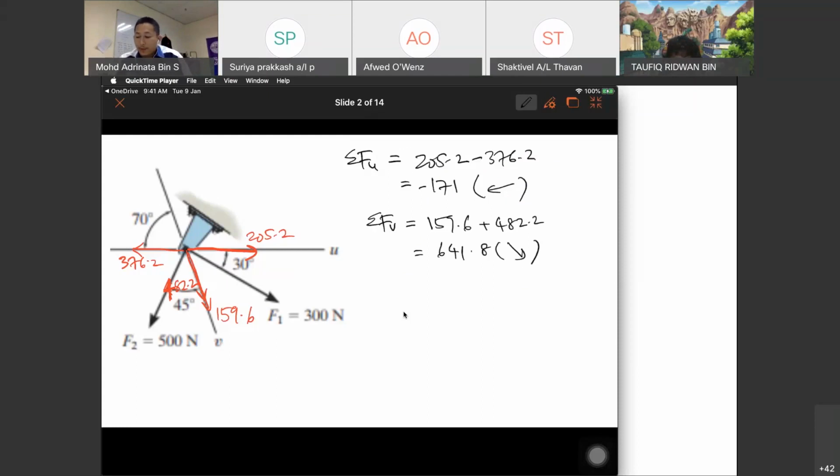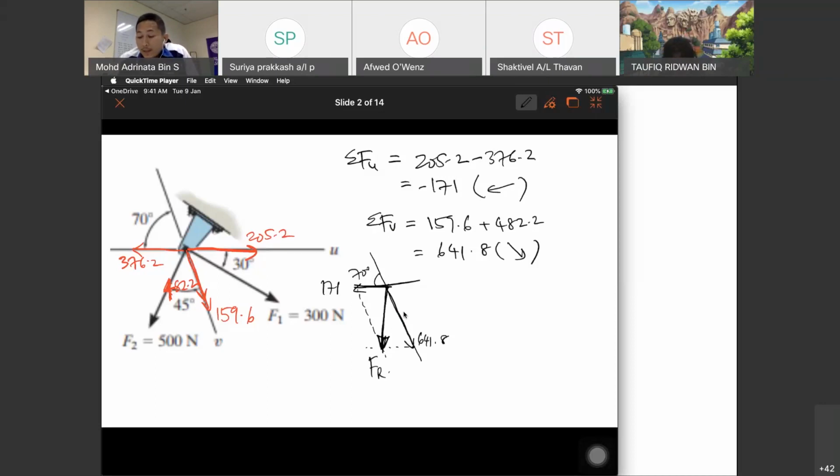Next, you can find your FR. Okay. So you have this is 70 degree. So you have your FU equals 171, and then you have your V is 641.8. So this is your FR.